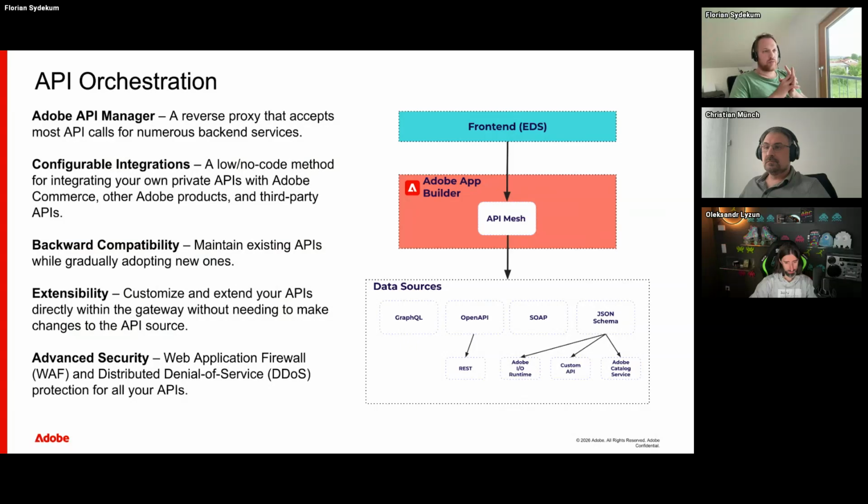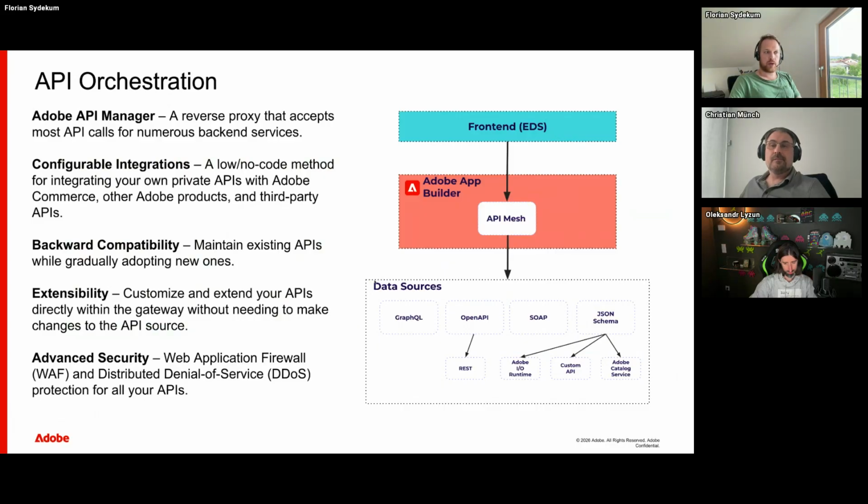Another thing when we're speaking of integration is API orchestration, and there's a tool which is part of the Adobe App Builder landscape, which is called API Mesh. You see it here, right? So when the front end needs data, and we are speaking of a service-oriented architecture or composable architecture, then we need some endpoint where the front end actually gets the data, because in terms of the front end, it doesn't matter where it gets the data from.